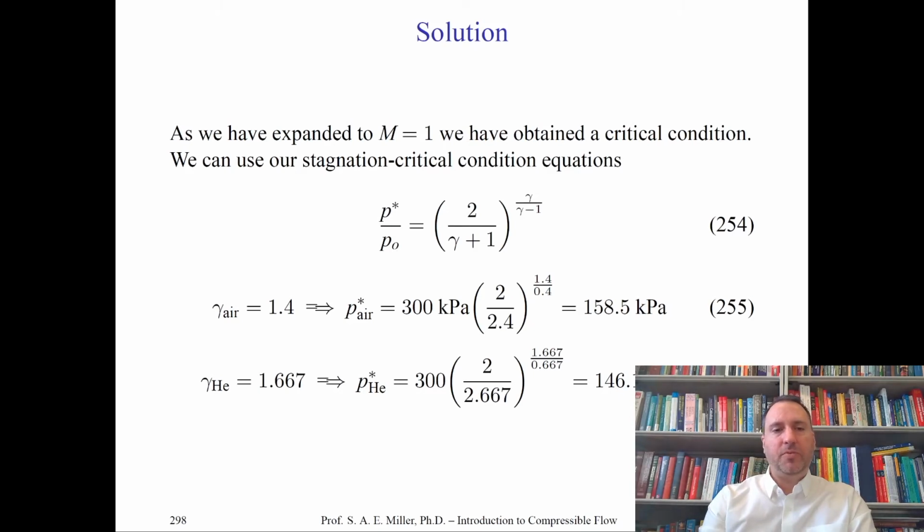Now if we put in 1.4 for air, we can then find, of course, P star for air. Putting in our known quantities of 300 kilopascals times 2 over 2.4 to 1.4 over 0.4, we'll find 158.5 kPa. We now know, of course, the critical static pressure of air at the throat.